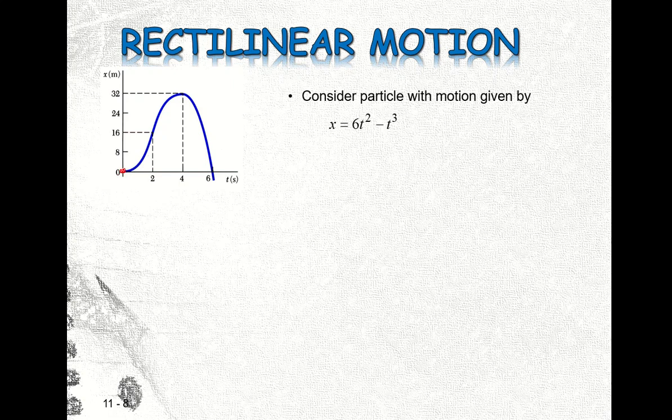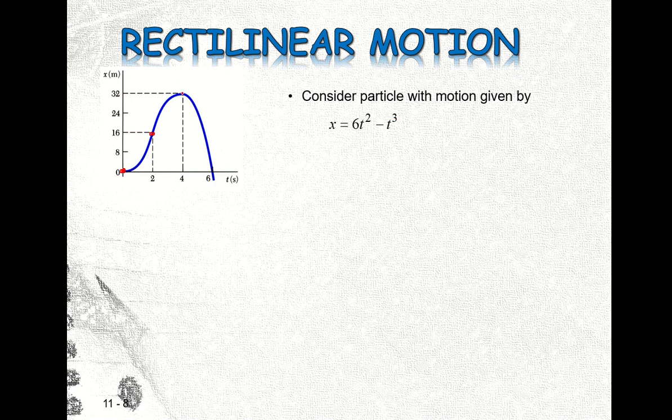When t is equal to 2, 2 squared is 4, 6 times 4 is 24, then minus 2 cubed, 8, so 24 minus 8 is 16. So this is 16. Then when t equals 4, 4 squared is 16, 16 times 6, and then minus 4 cubed, which is 64, so the difference is 32.